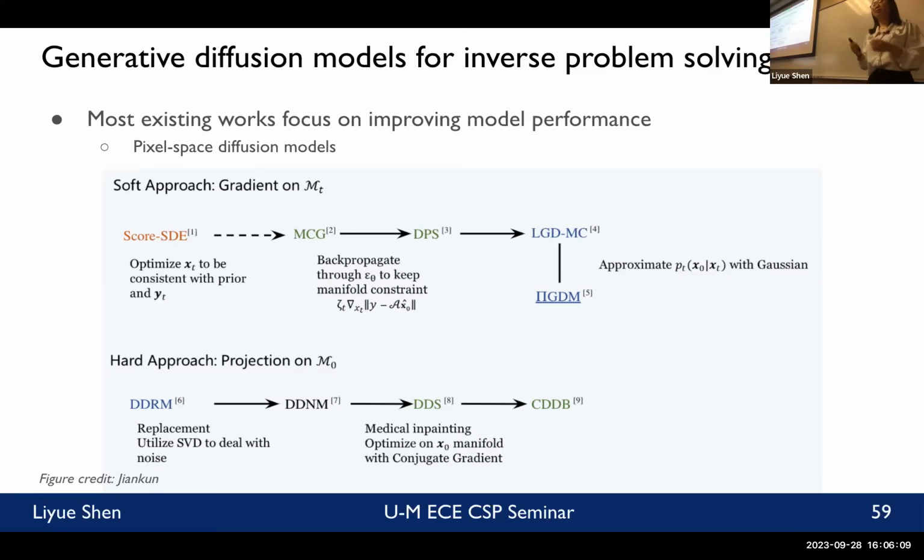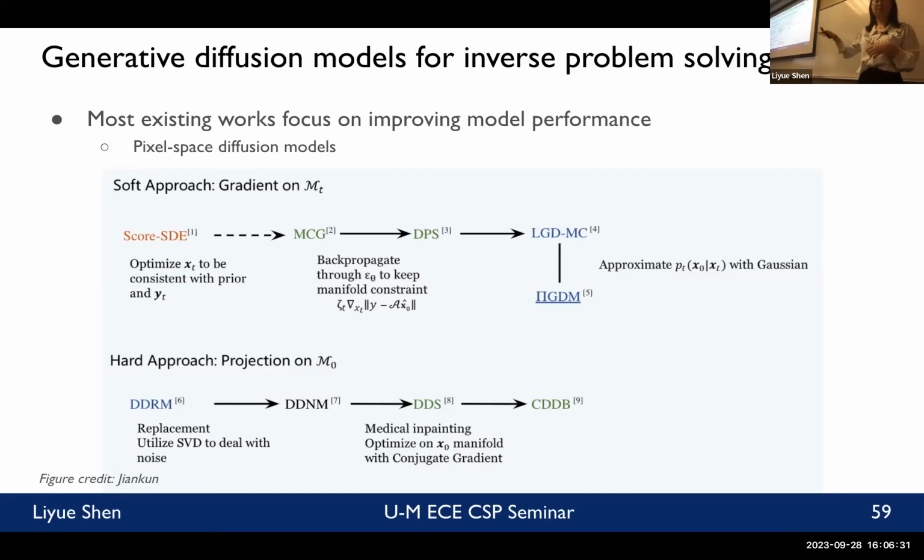We call this soft data consistency because when we compute this gradient and trace back to update in the manifold of x_t, it may not exactly match what it should be in the manifold of x_0, which is the clean data corresponding to the measurements y.